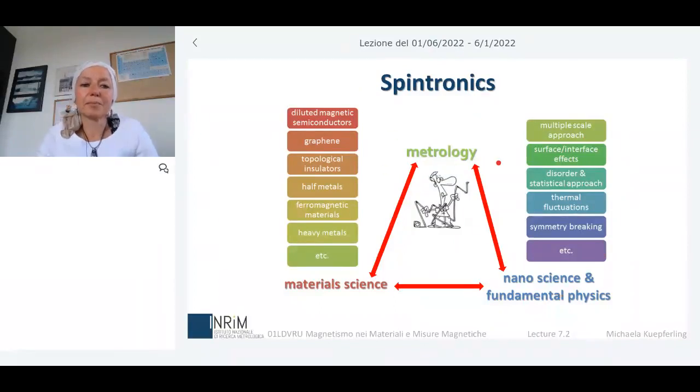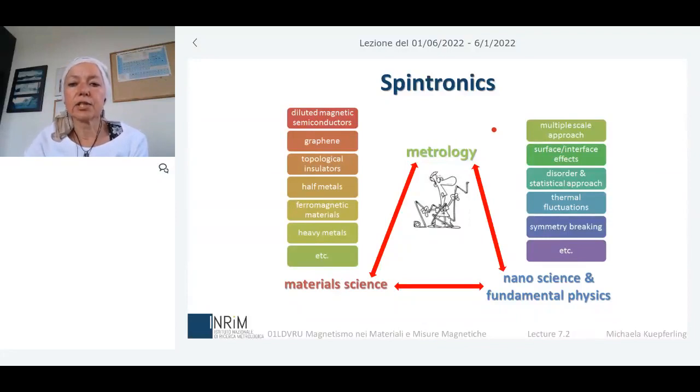We are a metrology institute, and you may wonder what metrology is doing in the field of spintronics. But spintronics, of course, also needs metrology, because measurements in spintronics are of very big importance. Accurate measurements, not only production of materials, but also measuring these materials, is really important.